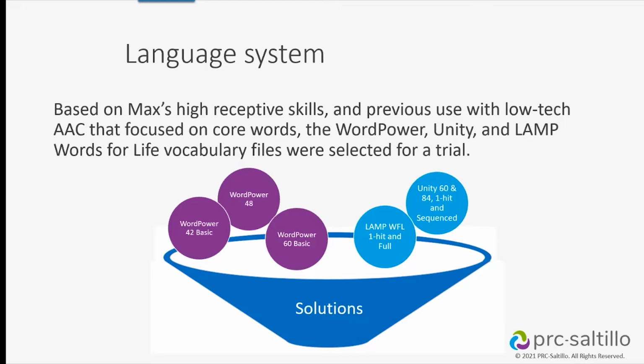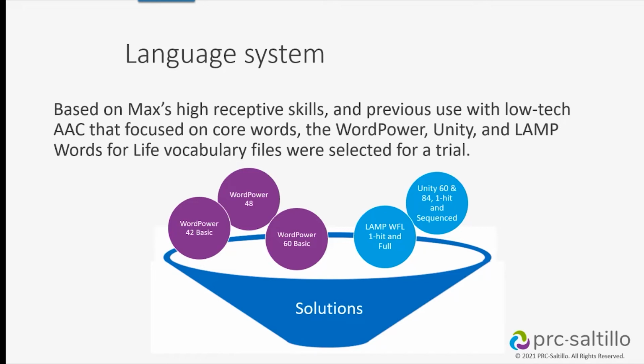So we want to make sure that whatever system we select for Max has a large amount of available vocabulary, that really robust vocabulary. Another thing we want to remember is that he's used low tech or light tech options in the past that had core vocabulary, and he was doing well with that, but it was limited.